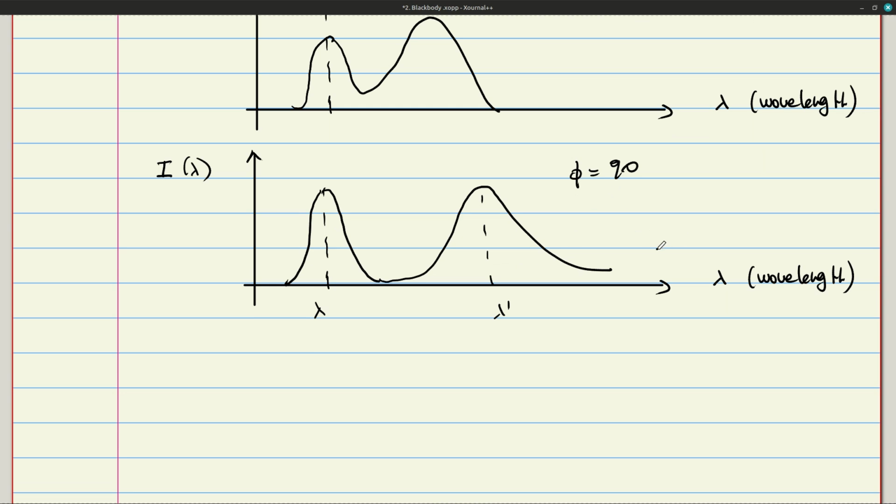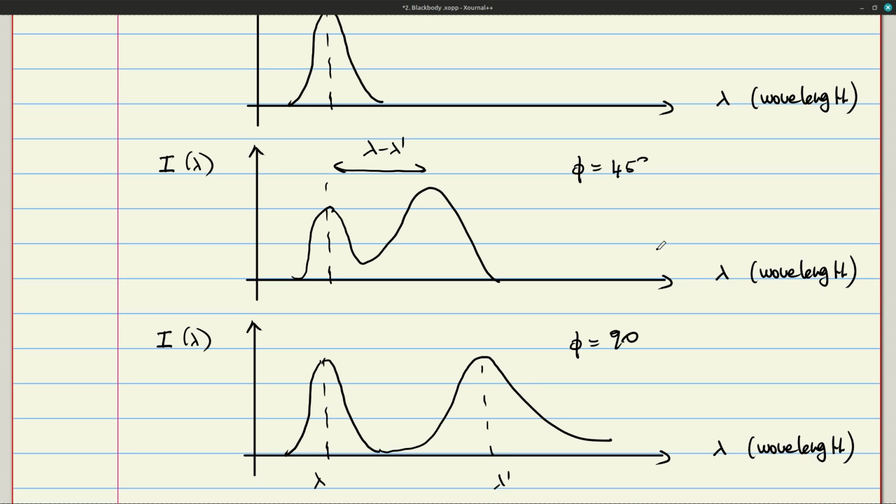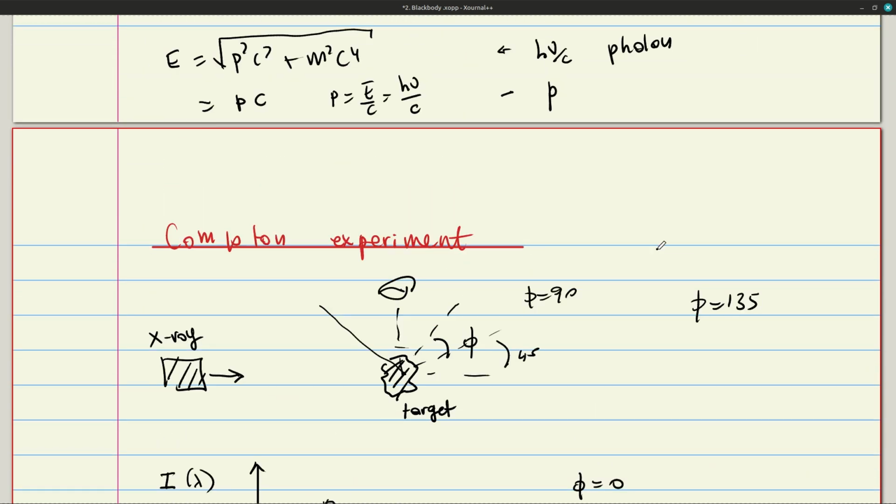Yes? What does this difference of lambda tell us? The difference between lambda and lambda prime tells us about Compton scattering. The X-rays are coming in, they are scattering off electrons, and we are just looking at how much. I know the wave I sent, I know exactly what I sent, but I don't know what will come out.